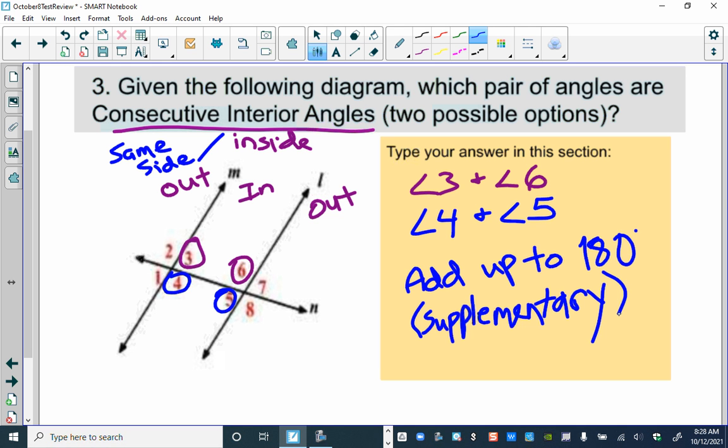Complementary. Now, if the two angles are complementary, just a side question: what's the sum of the two angles if they're complementary? 90, very good. We're going to probably deal with more 180, but you could be dealing with 90s down the road again. All right. Questions on this problem?